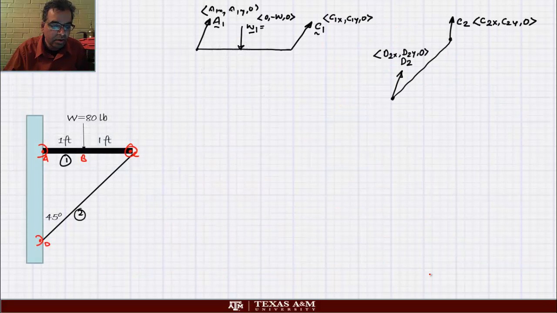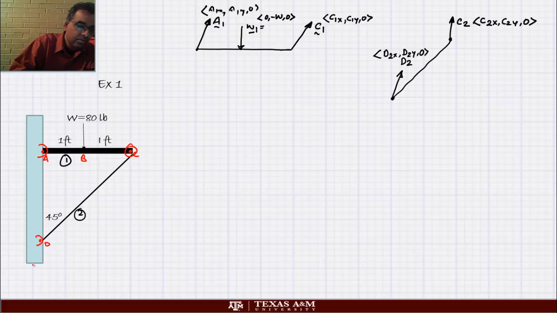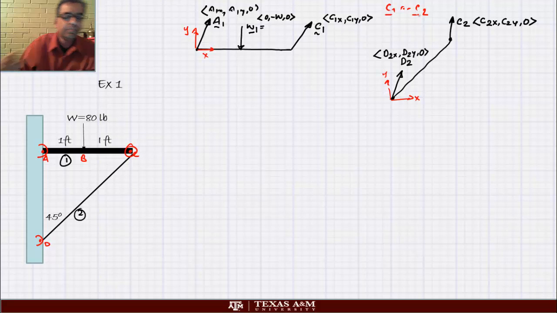So let's go. Here is our free body diagram. Here is our coordinate system, y, x, y, x. Everything was written here, and we knew that C1 equal to minus C2. Now, instead of drawing force diagrams and force tables and things like that, we are going to go straight out and write the vector version. So summation of forces equal to 0.